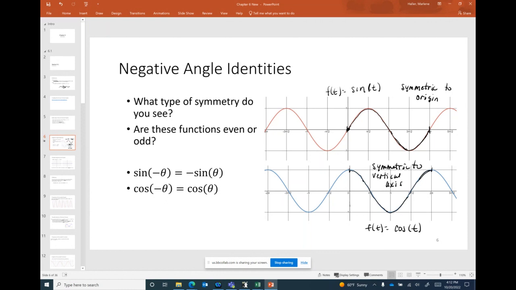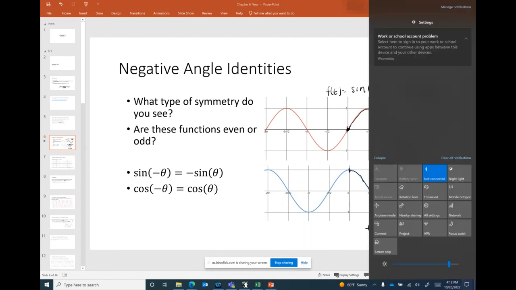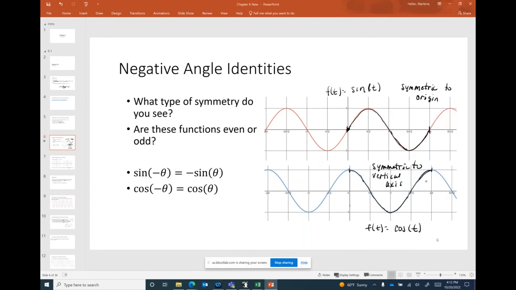Okay, think back for a minute earlier in the course. Symmetry to the vertical axis or the y-axis means that this is an even function, right? Since it's symmetric to the vertical axis, then we say that it's an even function. This one up here, since it's symmetric to the origin, the sine function, we then say that that is an odd function, all right?